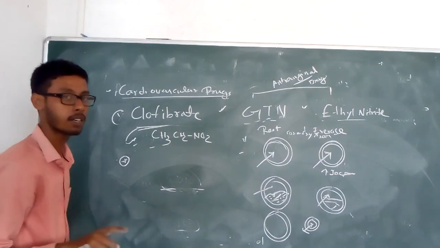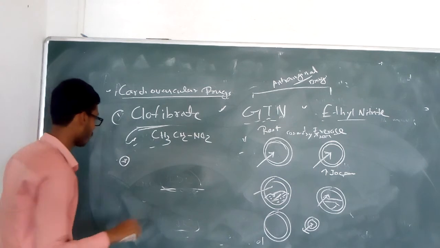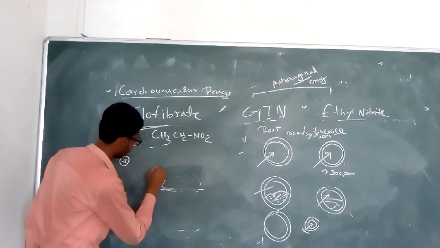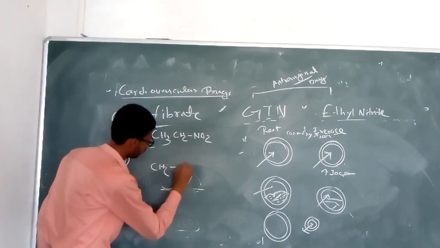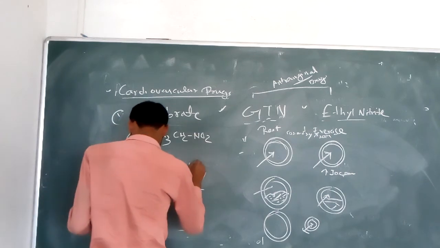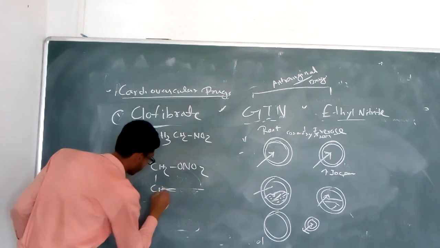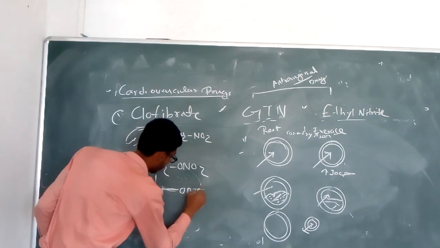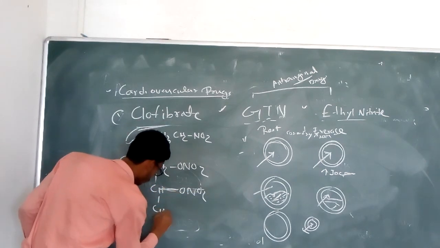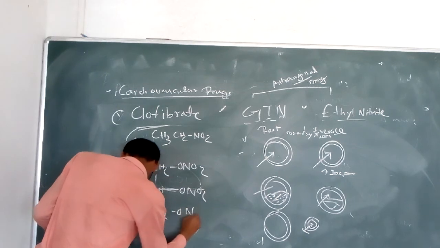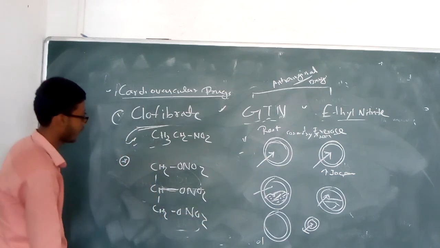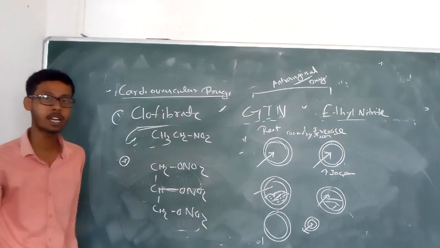That is the nitrate of the glycerol, trinitrate of the glycerol. Like that, this is CH2ONO2, CHONO2, and CH2ONO2. Trinitrate of the glycerol.